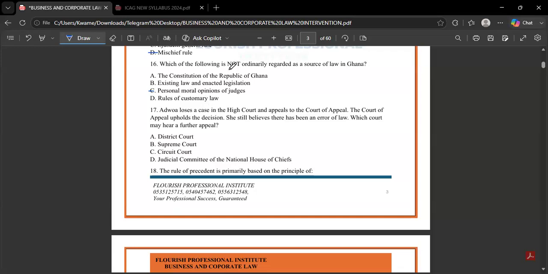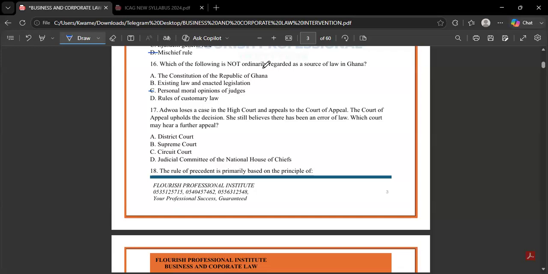And now bear in mind, he said not ordinarily regarded. The reason he's saying not ordinarily regarded is that in a way, personal moral opinions of judges are sources of law. Because at the end of the day, the judge judging the case will have a personal moral opinion on the issue, which comes from the way he's applying and interpreting the law.